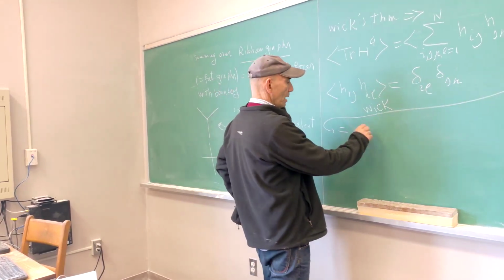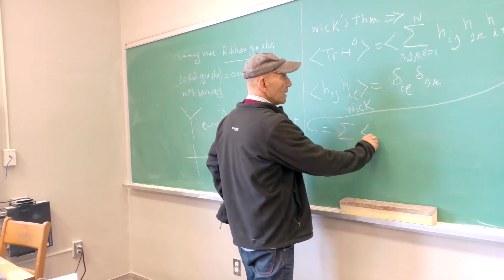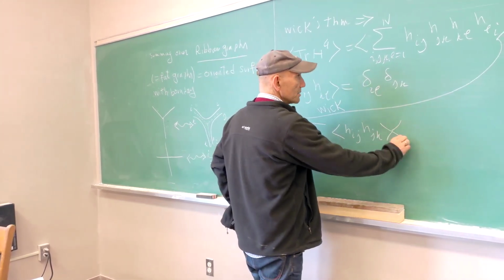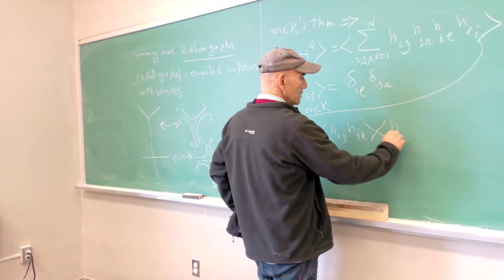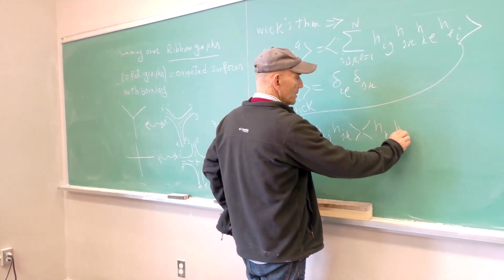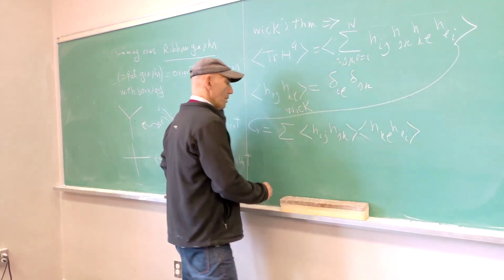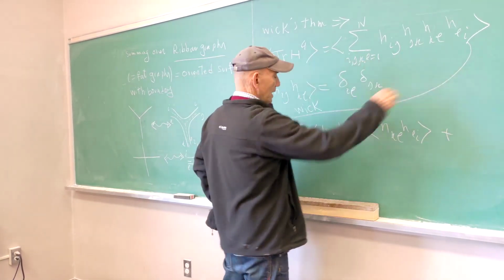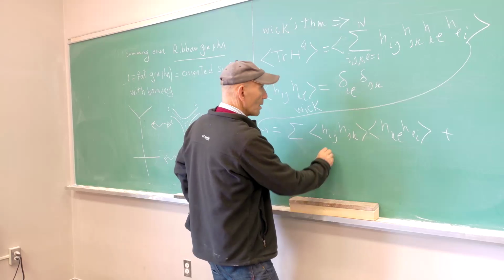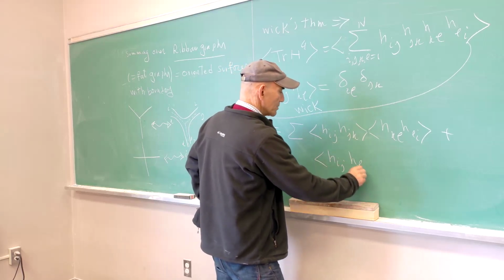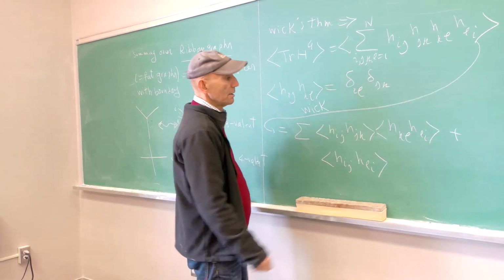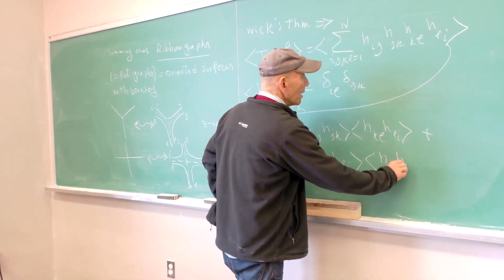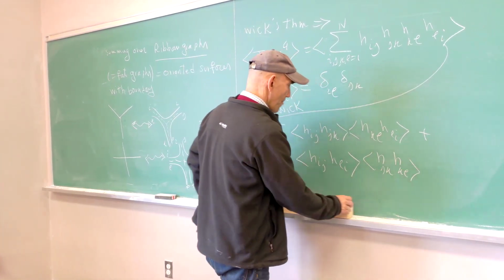One is the sum of Hij, Hjk times Hkl, Hli, plus, then I get first and last, so Hij, Hli times Hjk, Hkl.